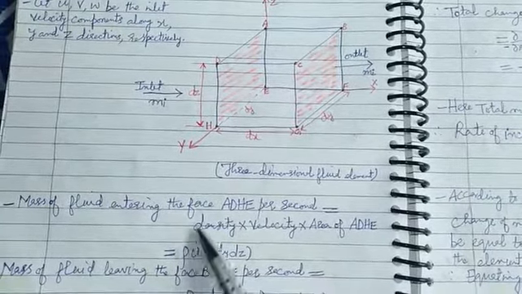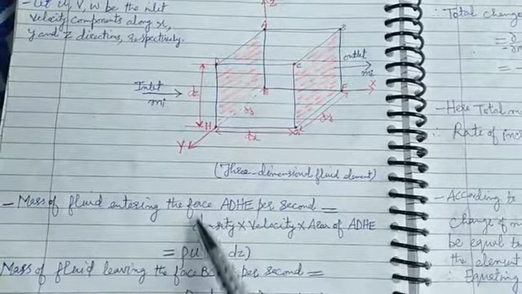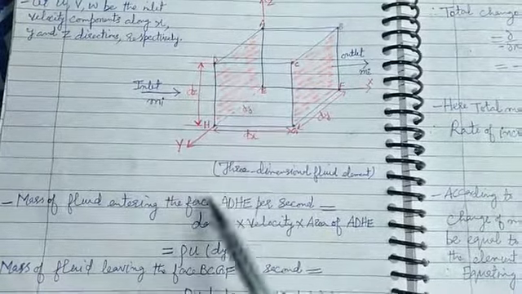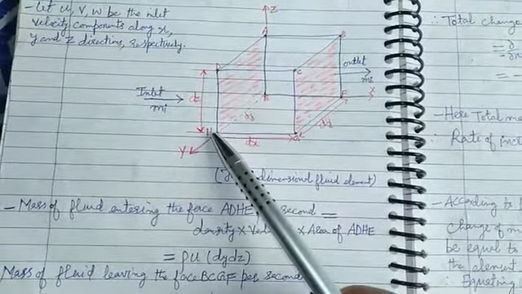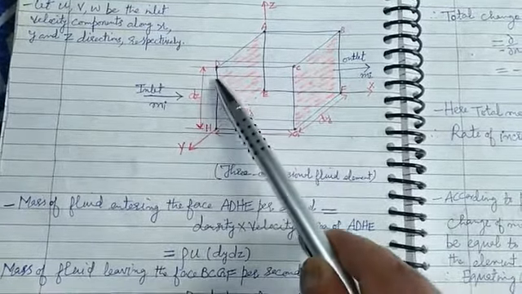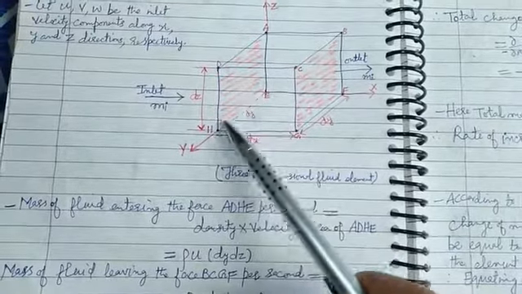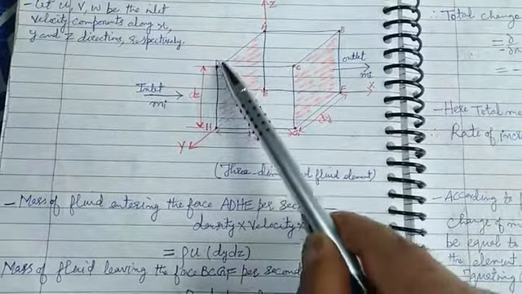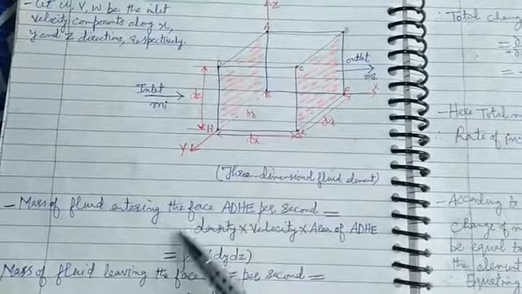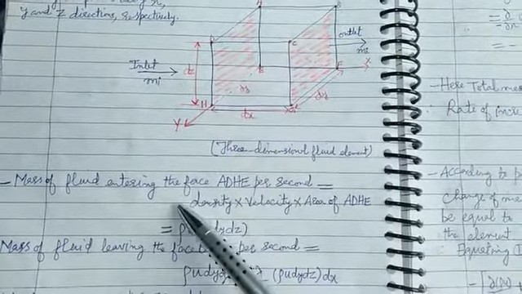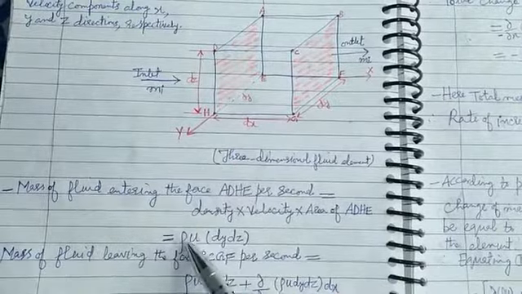Rho is the density of the fluid, and u represents the velocity along the x direction. The area of this section is dy into dz; it is rectangular, so its area is length into breadth. So the mass of fluid entering this section is rho u dy dz.